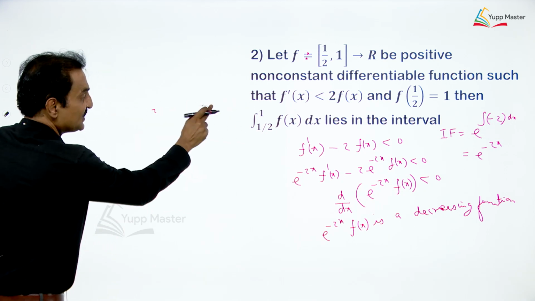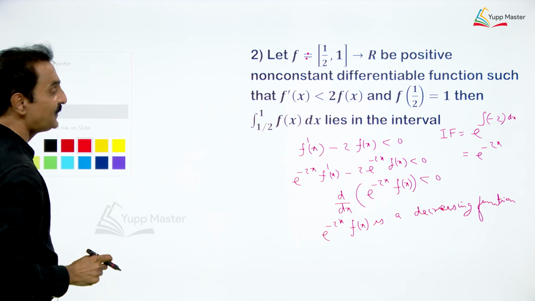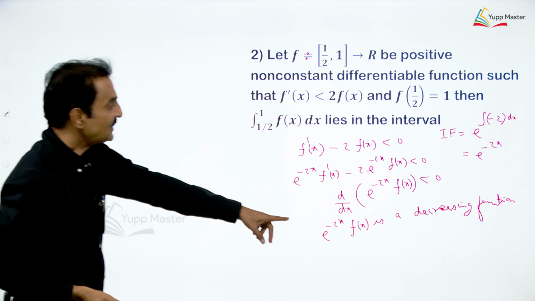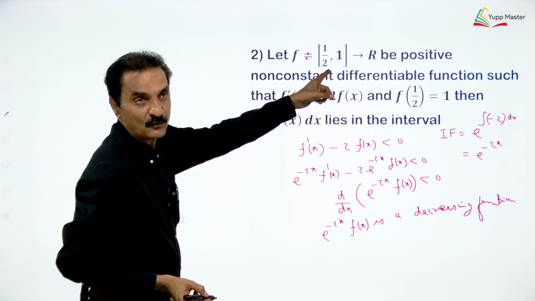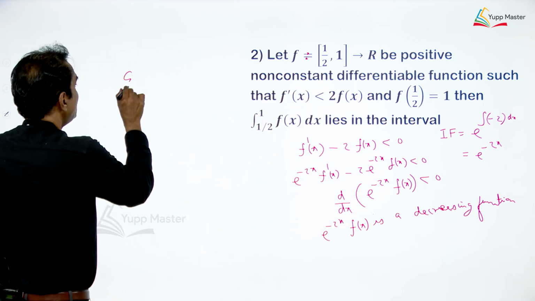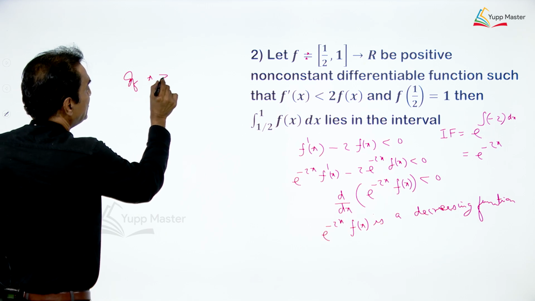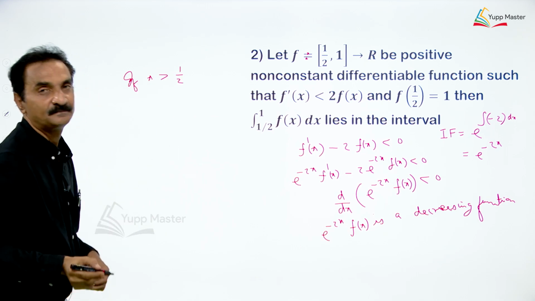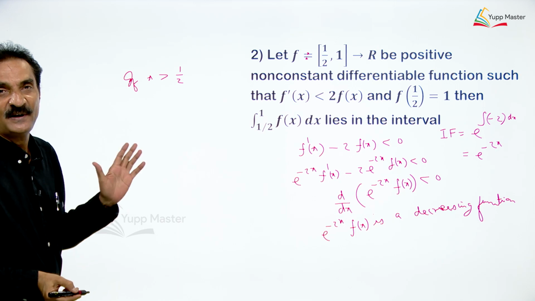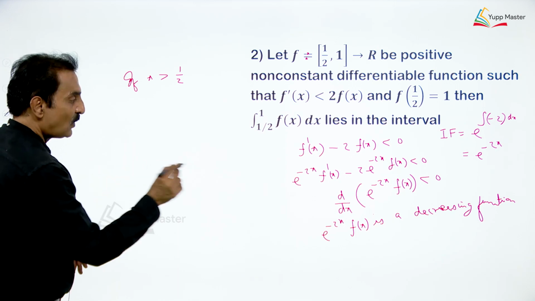So, since e power minus 2x into f of x is a decreasing function, what is the interval? Half to 1. So, if x is greater than half, because domain is half to 1, then what happens?